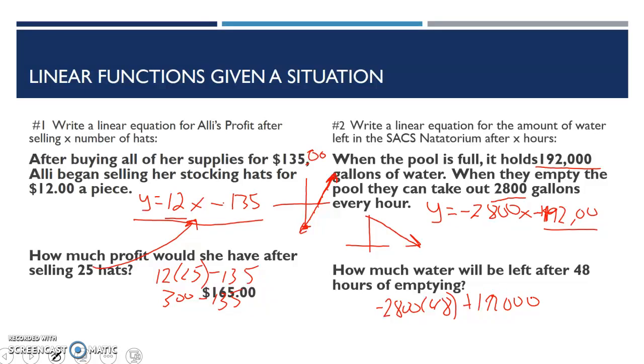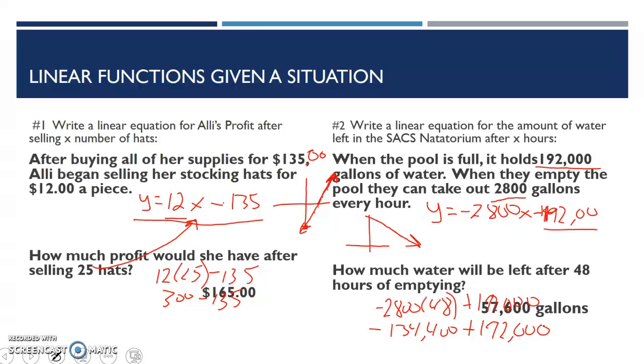So negative 2,800 times 48 is 134,400 gallons that have been taken out, plus it started with 192,000 gallons. If we add those together, we still have 57,600 gallons of water left in the pool after 2 days of emptying.